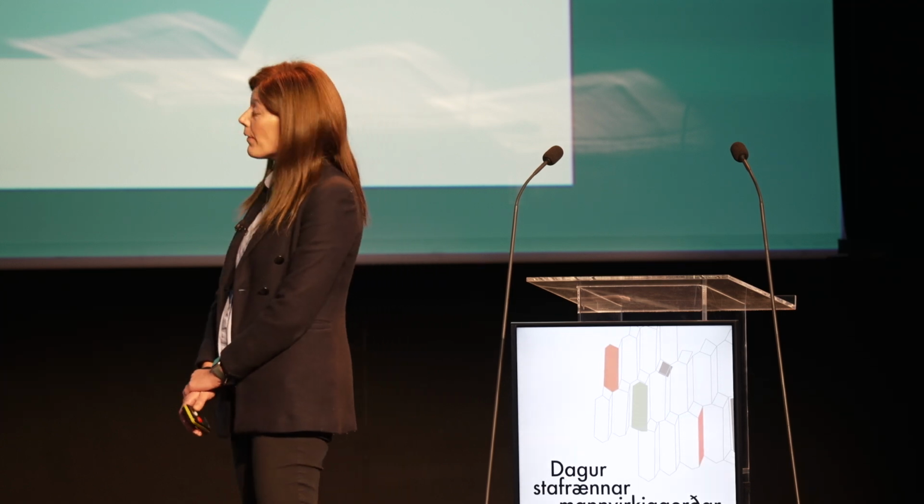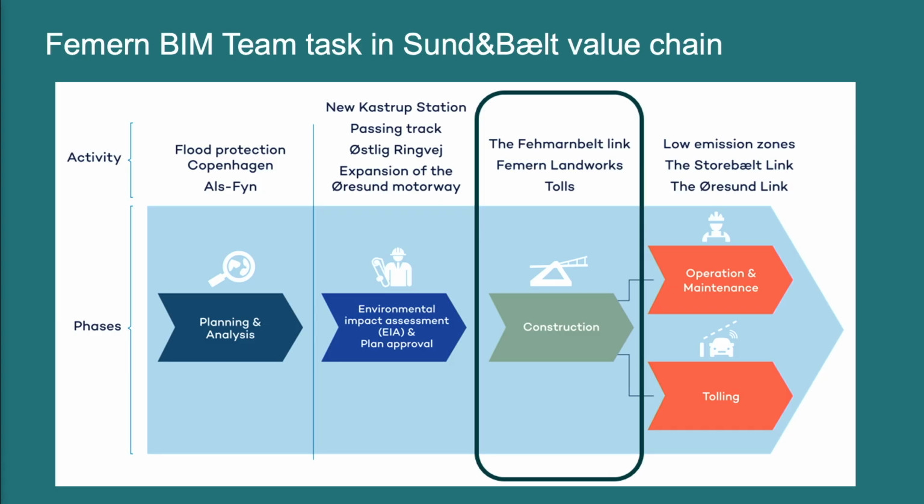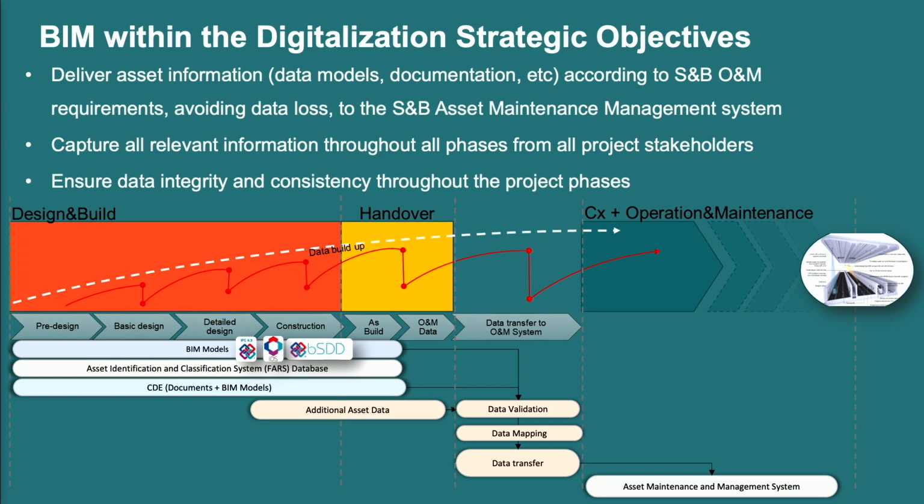So now the Fehmarn project is the main project in the value chain of Sunenbelt, in the construction division. And BIM itself is not so important for now for us as Fehmarn in the design and construction activities.